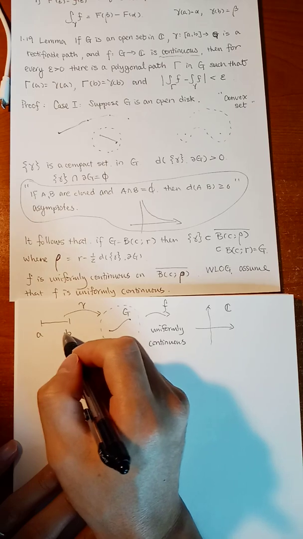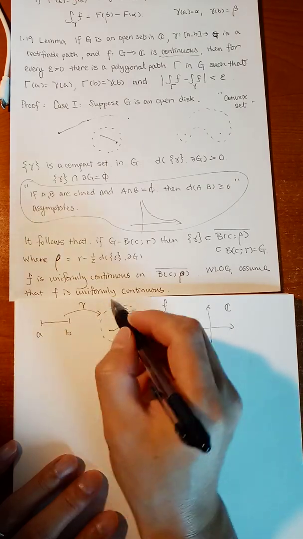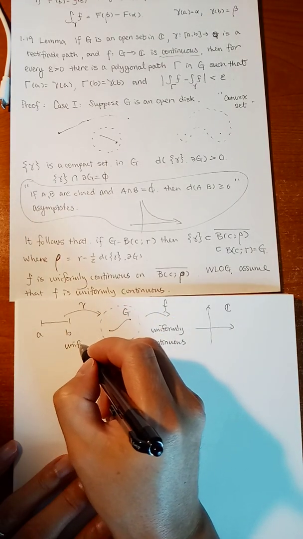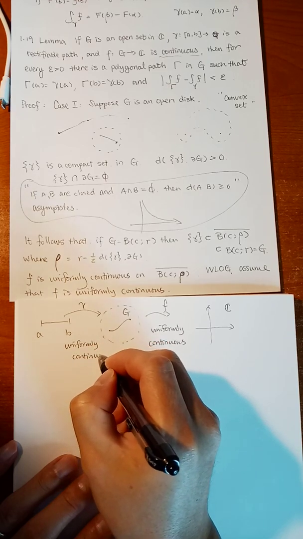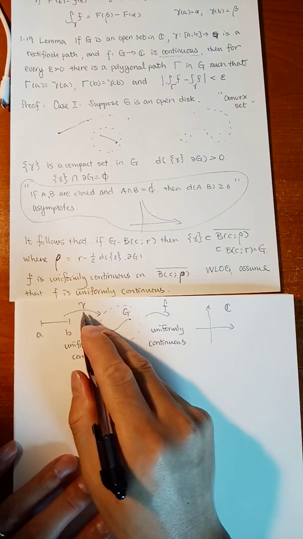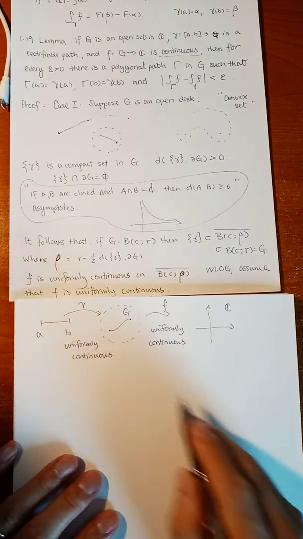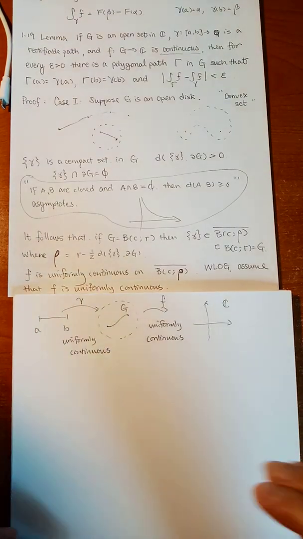AB, of course, bounded and closed, is compact, so gamma is also uniformly continuous because its domain is naturally compact.